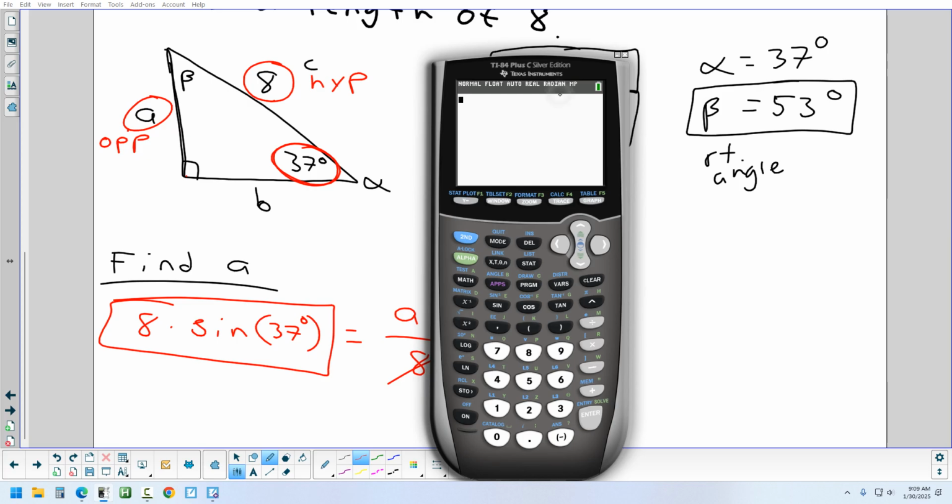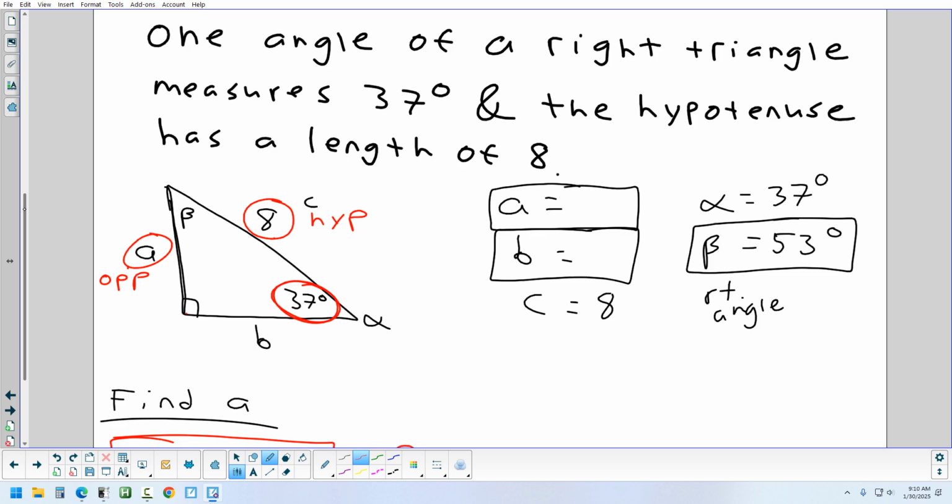I need to make sure I'm in the right mode, and all the angles in this section will be degrees. So you should be able to put it in degrees. I don't think there's any in radians. And that's how you type it in. Okay. So A is 4.815.